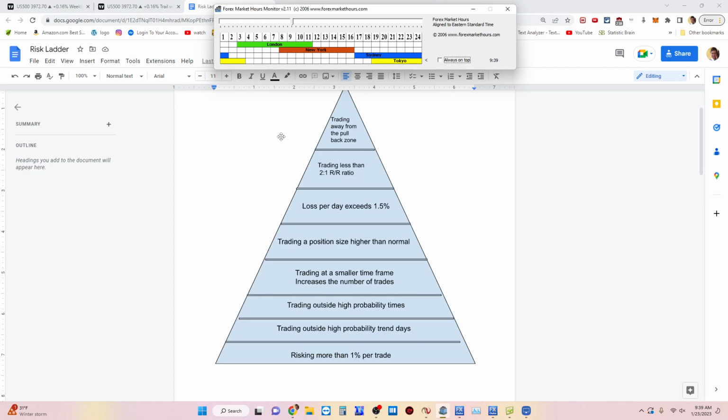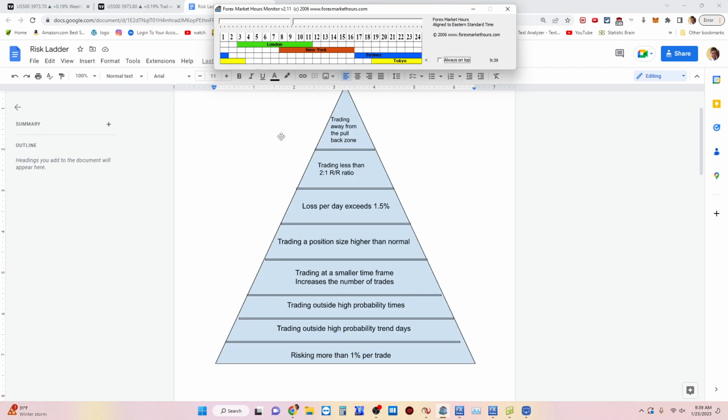So those are probably the outside the high probability times. The high probability time is around like 7 to 10:30, which is like London close, New York open, and the first part of the New York session.